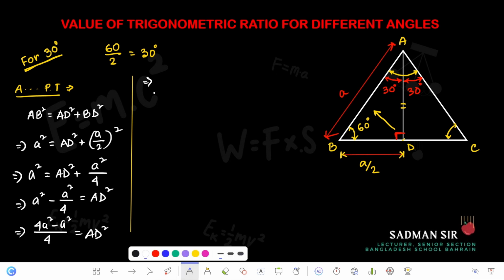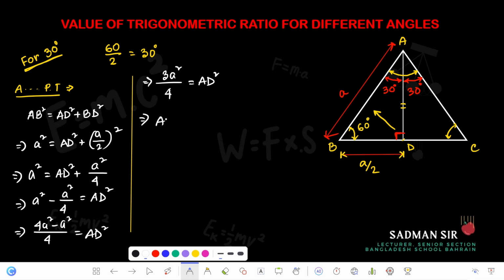Now 4A square minus A square, that means 3A square. We had 4A square, from that we subtracted 1, so 3 will be left, divided by 4 equals AD. Sorry, this is AD square.